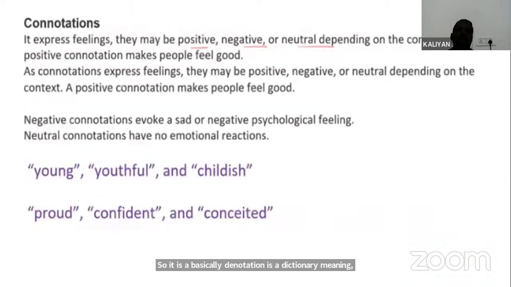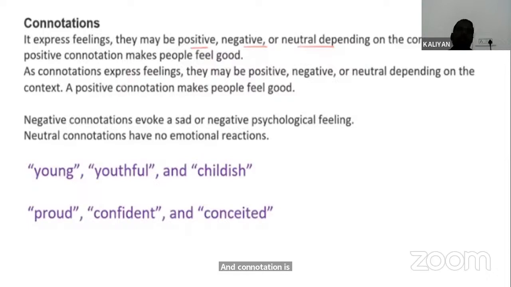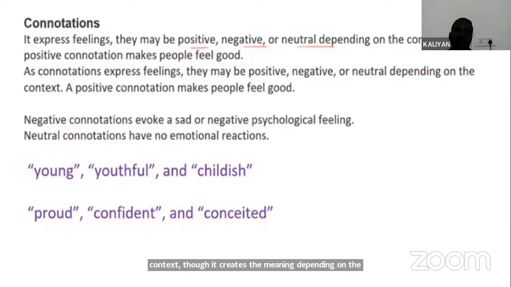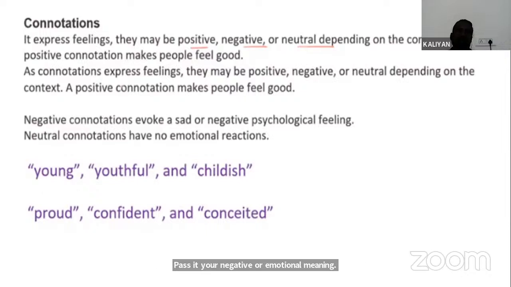And connotation expresses the feeling. It may be positive, negative, or neutral depending on the context, so it creates meaning depending on the context, positive, negative, or emotional meaning. Connotation is mostly a cultural or social meaning.